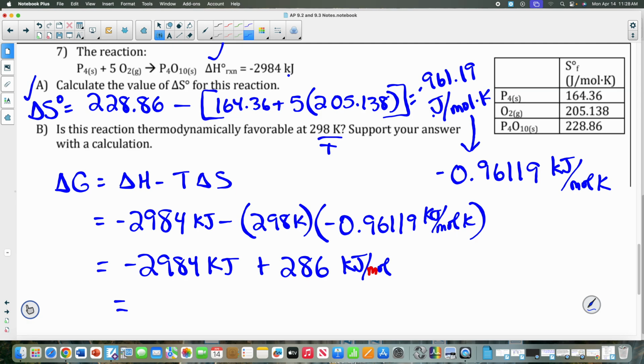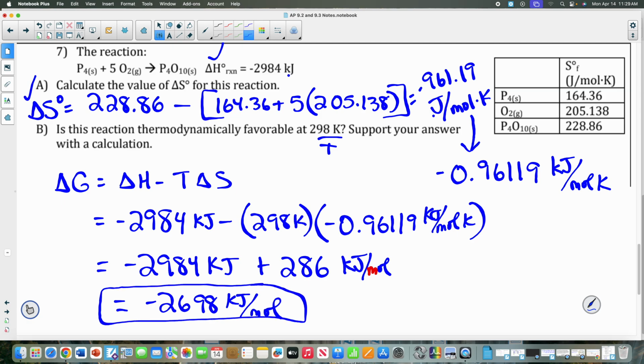Negative 2698 kilojoules per mole. Or you could just put kilojoules, that's fine too.